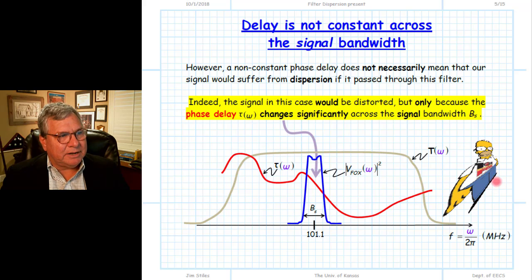In terms of whether it gets distorted or not, it cares about what the phase delay does over the signal bandwidth. So this is a very important distinction. How does it change across the filter bandwidth, the passband of the filter, as compared to how does it change across the signal bandwidth? And again, how does it change across the signal bandwidth is, in fact, really all that's important.